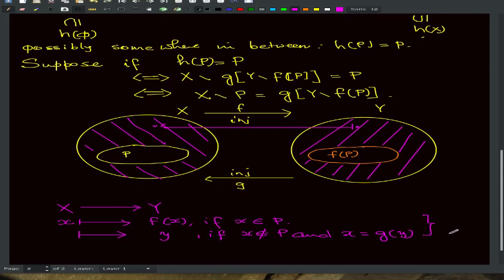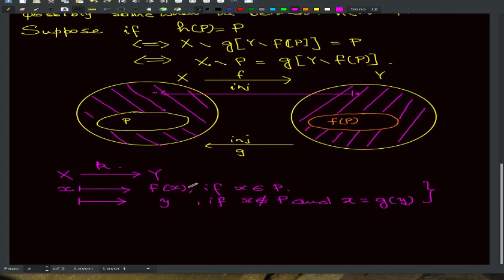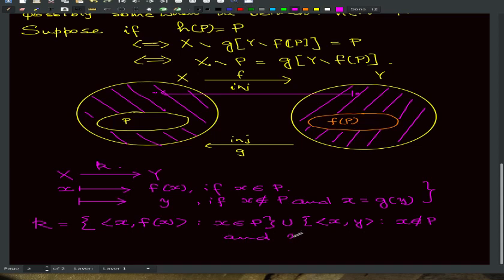Right? And then you should be able to say, so if I define this function as k, so remember now the last checking remains, so k is actually defined as this set of ordered pairs, x fx, so that x is in p, union x, y, x is not in p and, okay.